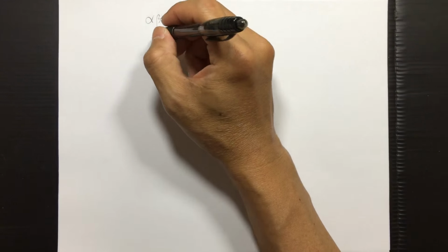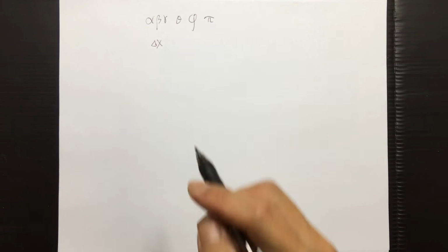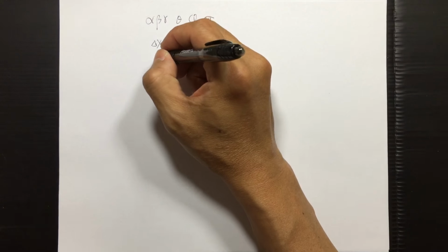Since we're doing this, there are other things I want to point out. That is delta. We use delta x to mark a segment of x which is not infinitely small. Infinitely small, we call it dx.